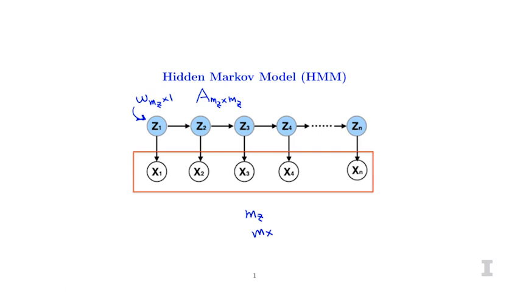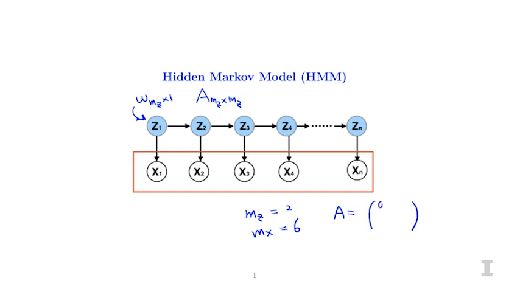Let's consider the casino example. So MZ equal to 2, we have 2 hidden states, and MX is equal to 6. So A will be a 2 by 2 matrix. It's called a transition probability matrix. And every row should be a probability vector summing to 1.